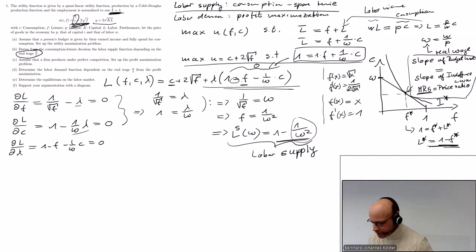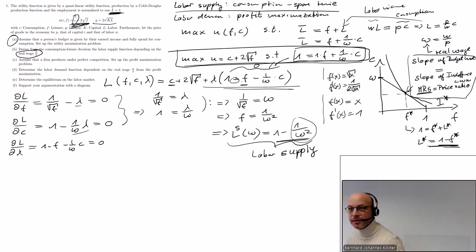This was also my question in part A: what is the maximization problem here for labor supply? I want to see something like this, so you have analytically formulated what you have to do.